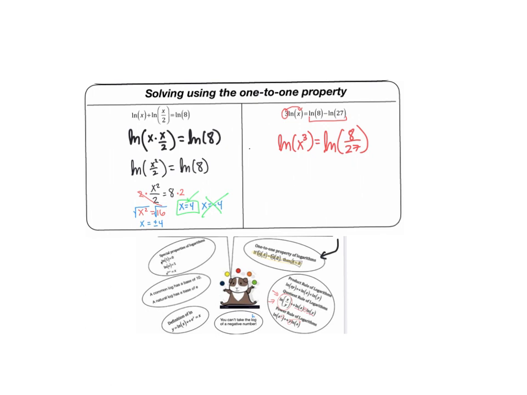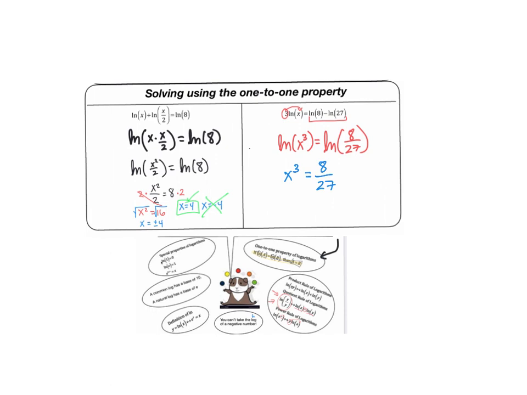Now that I have natural logs that are equal to one another, with no coefficients, and it's just natural log and natural log, I'm going to drop the natural log, and I'm going to go x cubed equals 8 over 27. Then I'm going to take the cube root of each side.